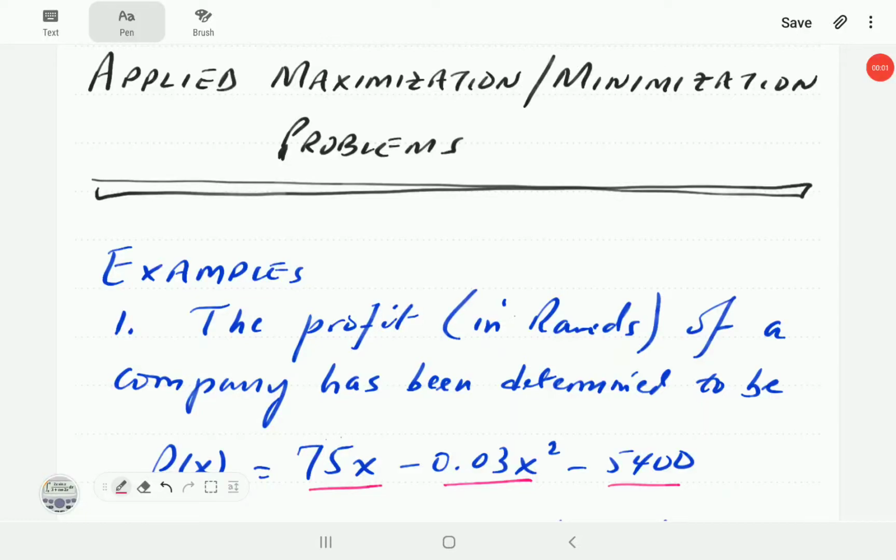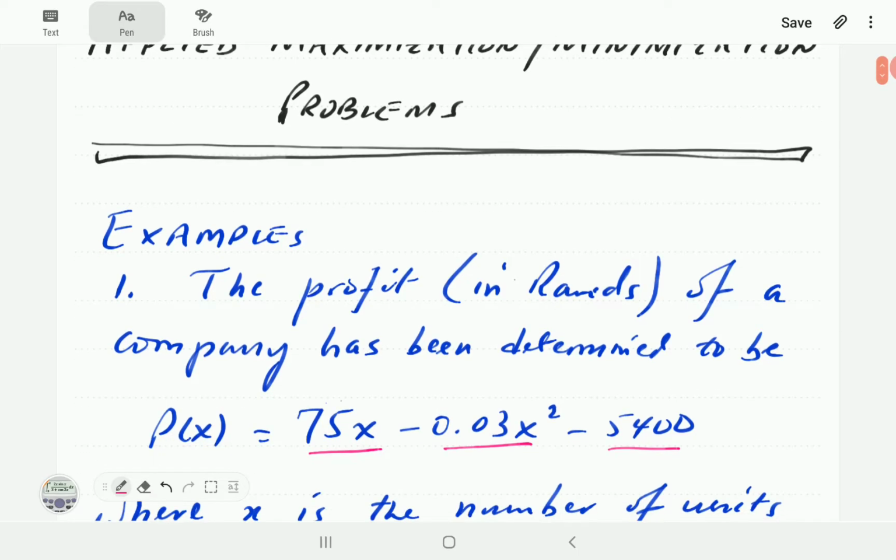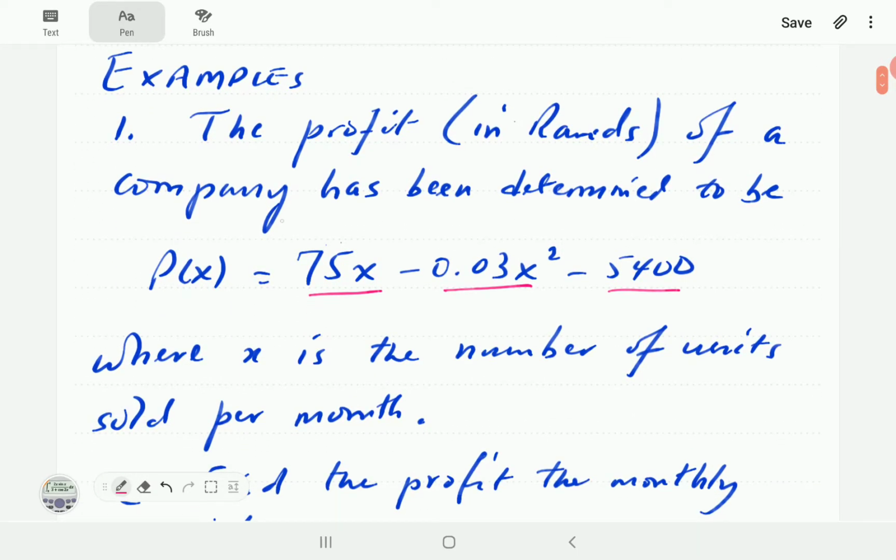This video is a continuation from our part 1, where we started looking at how to use calculus to solve maximization and minimization problems sourced from real life situations. So in part 1 we looked at this first example where the profit of a company is modeled by this function.